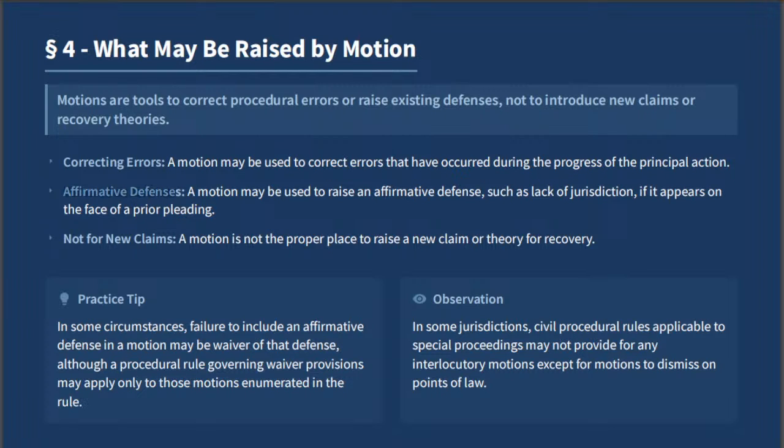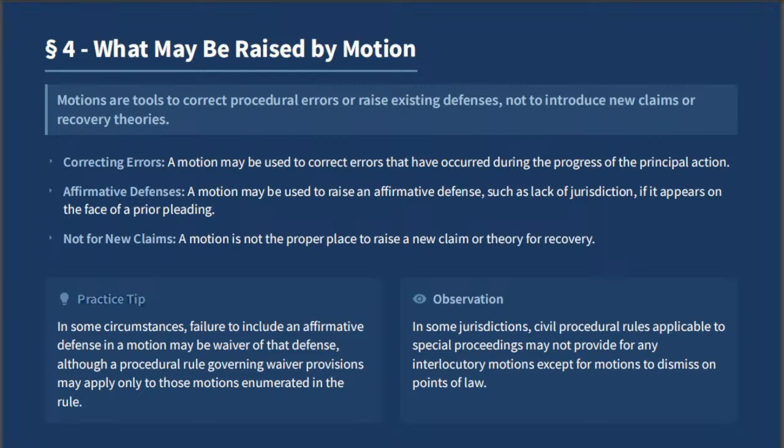Motions can be used for affirmative defenses. A motion may be used to raise an affirmative defense, such as lack of jurisdiction, if it appears on the face of a prior pleading. It's not for new claims. A motion is not the proper place to raise a new claim or theory for recovery.